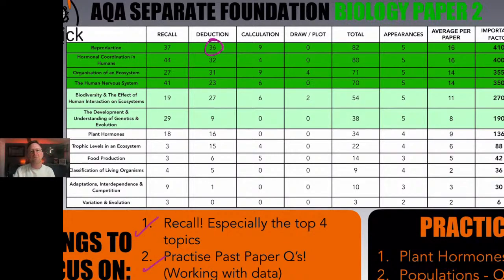So working with information about reproduction and hormonal coordination in humans. A lot of that comes from practicals, and I'll talk to you about that in a sec. But like I said, past paper questions are really important for all, but especially biology paper 2.